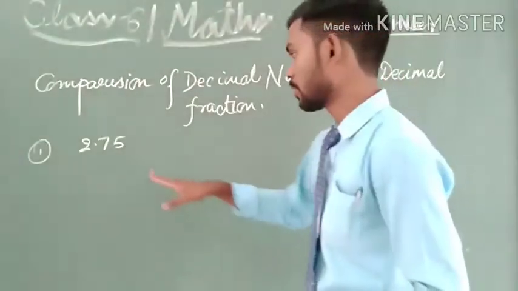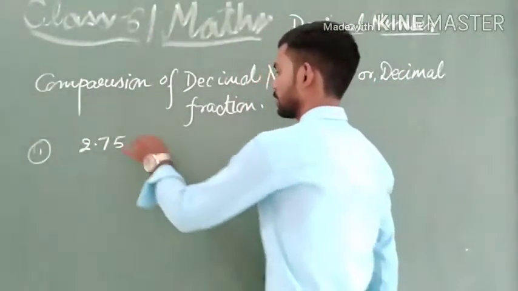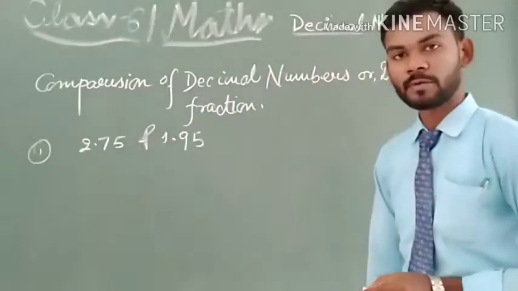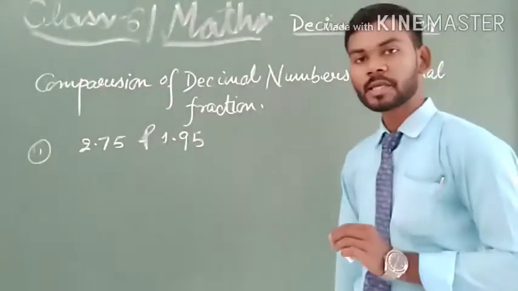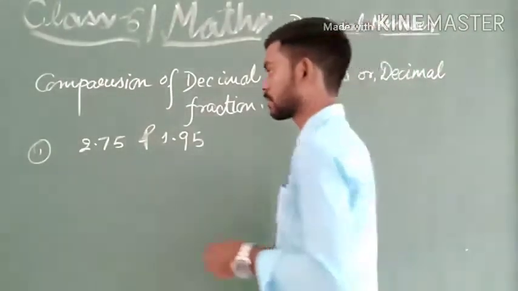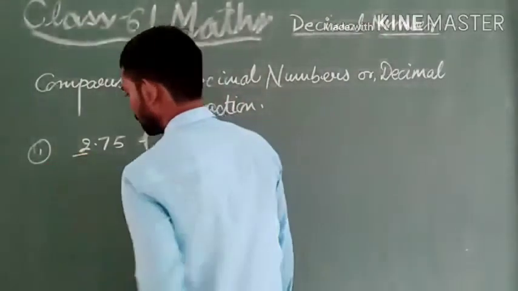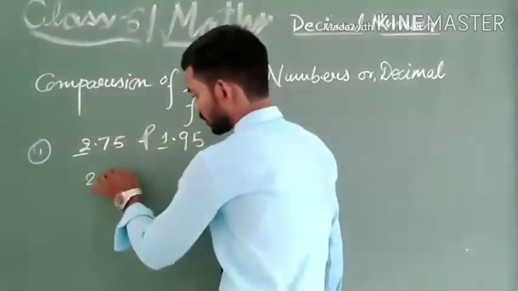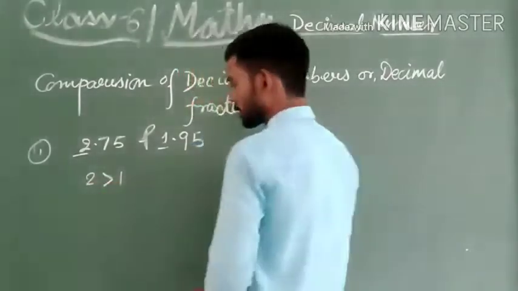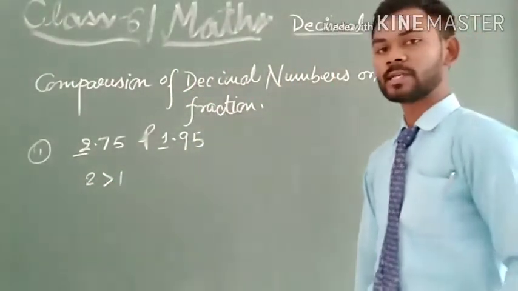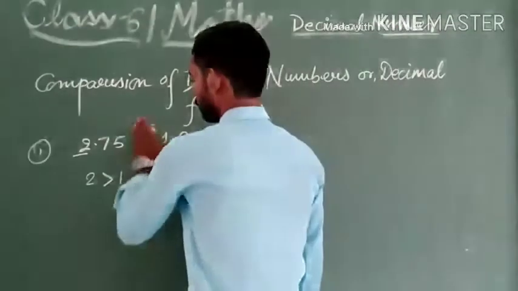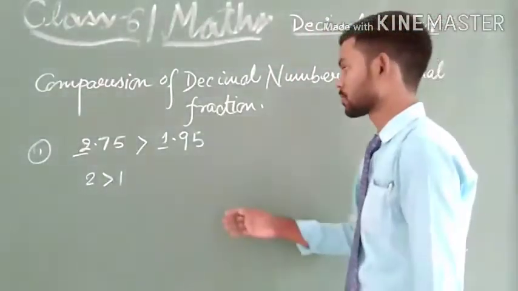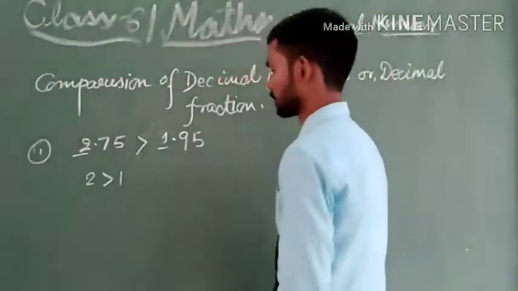So here, if we write 2.75 and 1.95, we have two decimal numbers, and the whole part of the first is 2 and the whole part of the second is 1, and hence 2 is greater than 1. Therefore we say that 2.75 is greater than 1.95. In this way we compare decimal numbers.